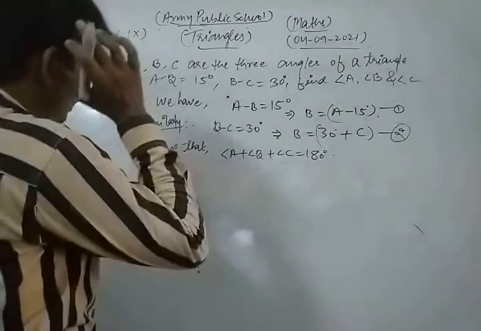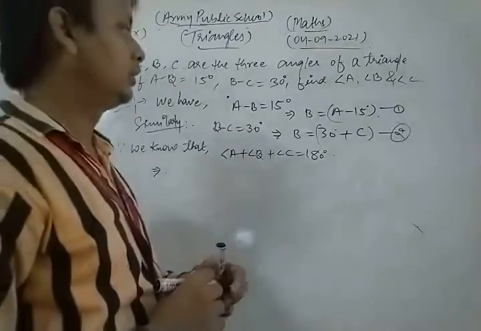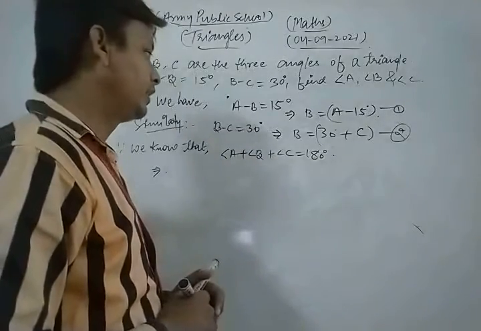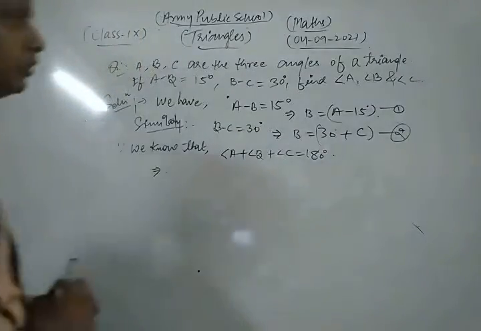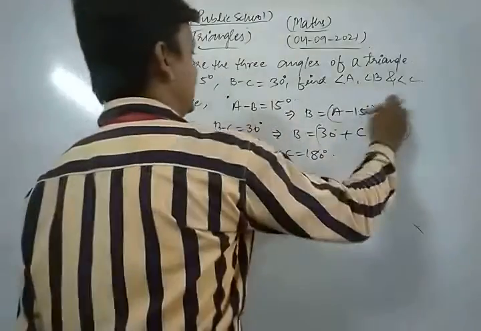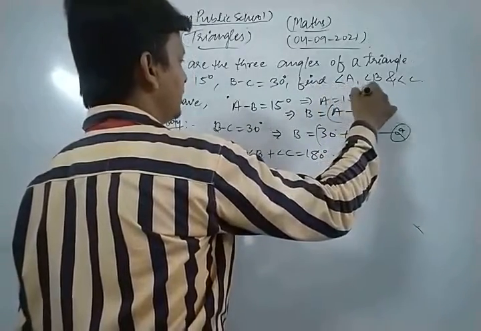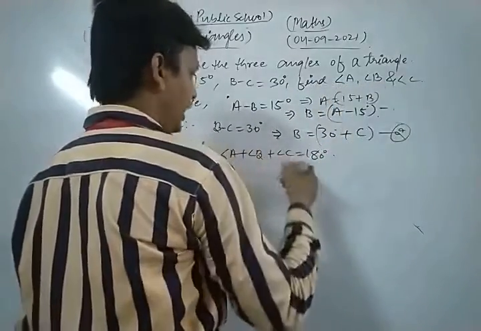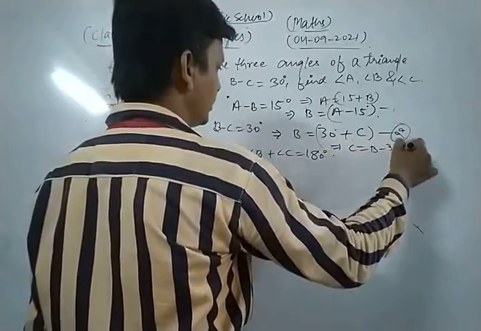now what do I do? We put angle B as angle A minus 15. We can write this another way: angle A is equal to 15 plus angle B, and from there we can write angle C as B minus 30 degrees.